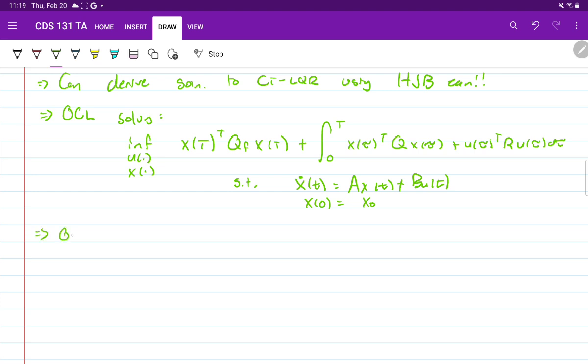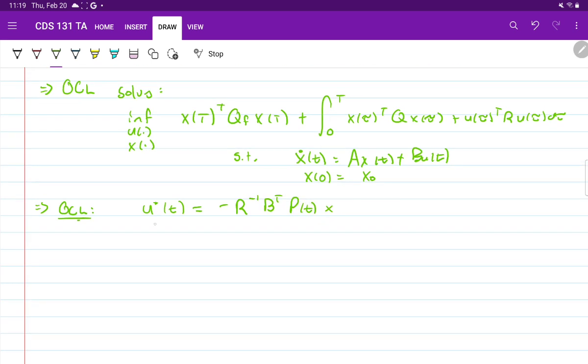So the optimal control law solving this problem is going to be given by u star at time t equals minus R inverse times B transpose P(t) times x, where P(t) is now the solution to a continuous time version of the Riccati equation. This is now going to be a differential equation. Just like how in discrete time we had a recurrence which generated this P matrix, in continuous time we have a differential equation.